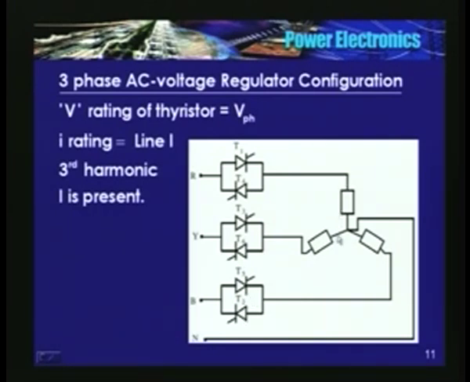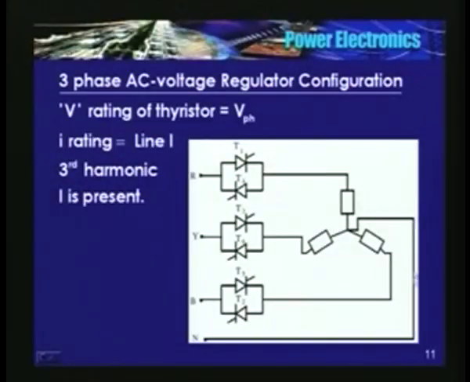And the load is star connected, and the star point is connected to the neutral. I told you that in single phase, load current, which is equal to the source current, is an odd function. There are all odd harmonics.